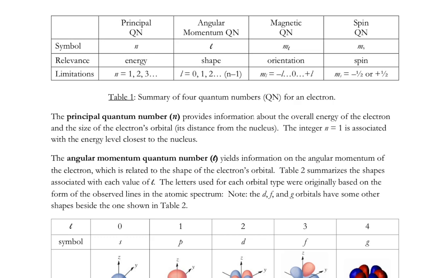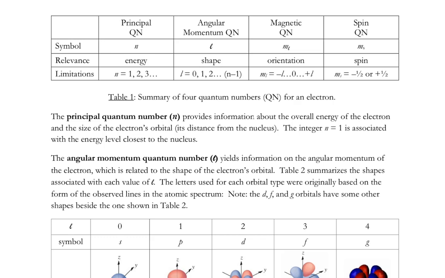Going back to l for a moment, l is often referred to as the subshell. So n is the shell. So are we talking about a shell close to the nucleus, a small value of n, or a shell far from the nucleus, a large value of n? Within a shell, there are subshells, and those are having to do with l. A given subshell has so many orbitals within it, and that is where m sub l comes up.